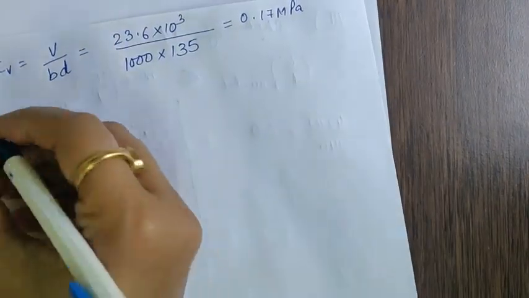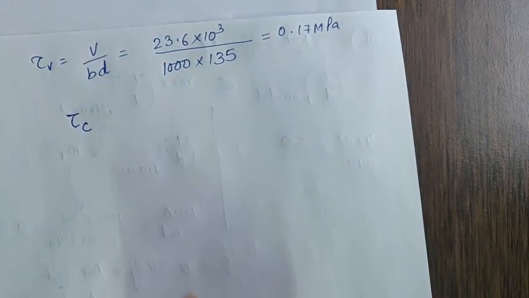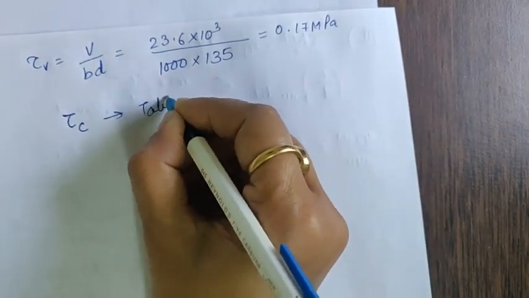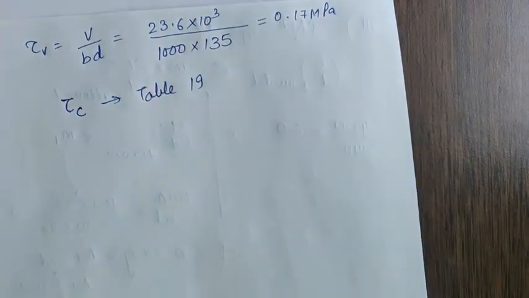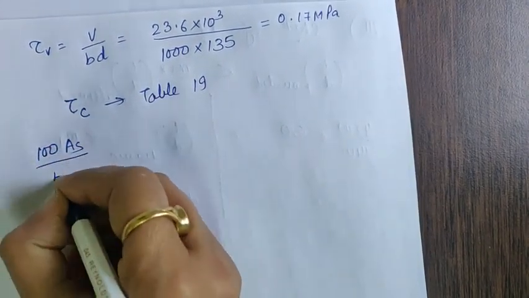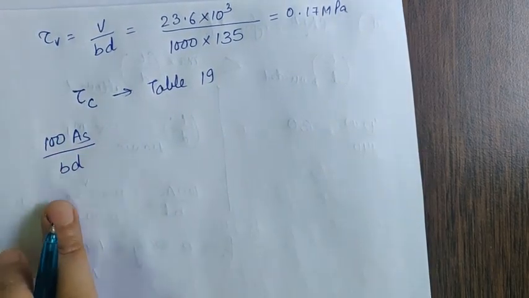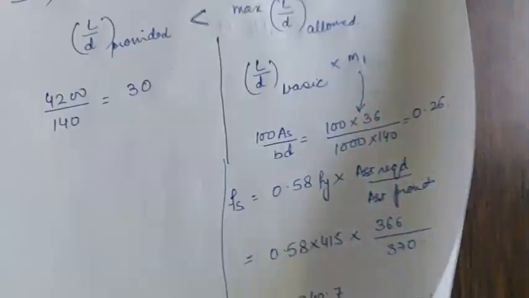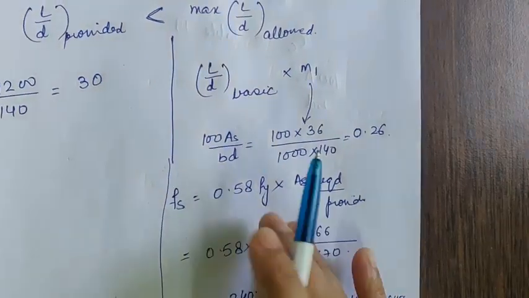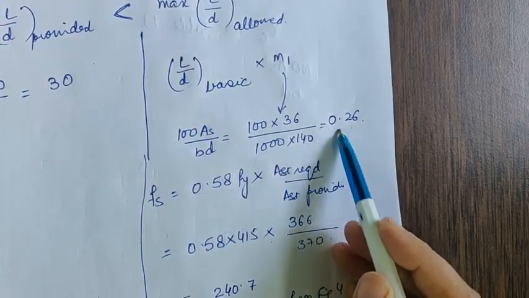Now this is to be compared with the value of tau c that is given in table 19 of the code, and this tau c was based upon the value of 100 As upon bd. We have already calculated the value of 100 As upon bd in our previous check, that is check for deflection, and this value was coming out to be 0.26.